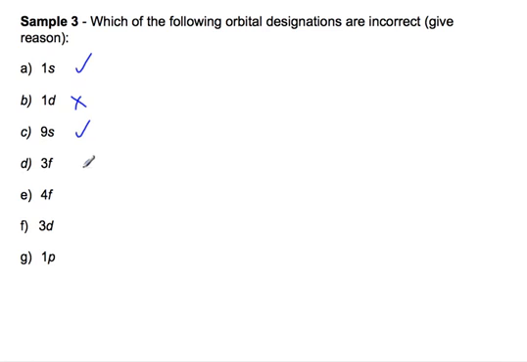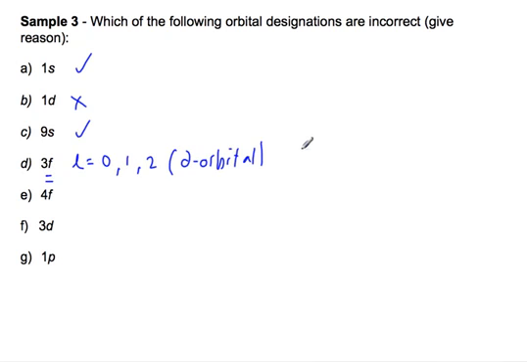3f, well, n equals 3, l equals 0 up to n minus 1. So that's going to be 0, 1, and 2. And so we go as high as, this is a d, yeah, that's a d orbital, l equals 2. And this is saying 3f.